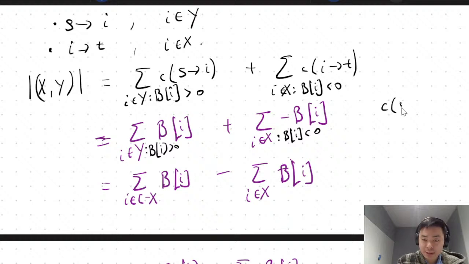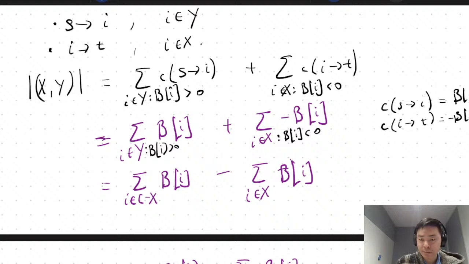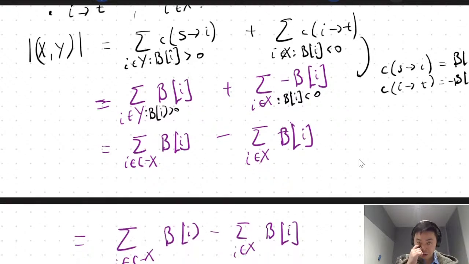Remember that C of S to I is B of I, which is greater than 0, and then C of I to T is minus B of I, where it's negative. So hopefully from here to here, it's not too hard. It's just plugging in the value of your capacities. And then from here to here, all we're really doing is pulling out the minus sign. So the minus sign goes at the front.